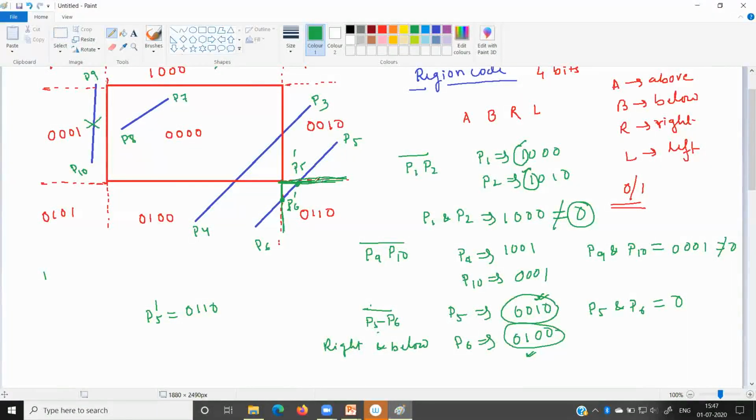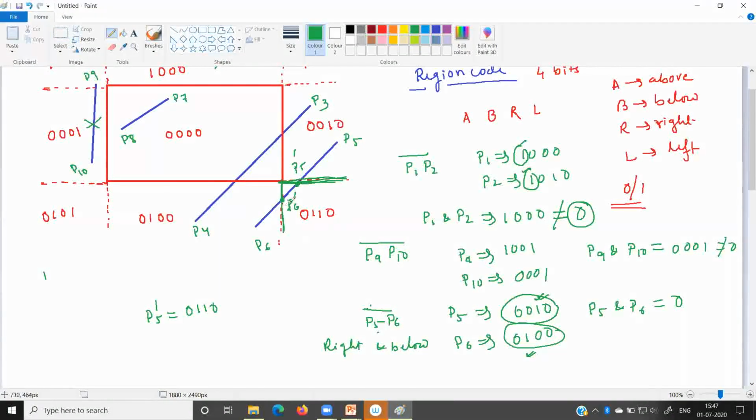So this is on the right and also on the below. So we can say this is 0110. Again for P6, this point is on the right boundary. So that's why the R bit will be 1, and it is also below, that means the B bit will be 1.